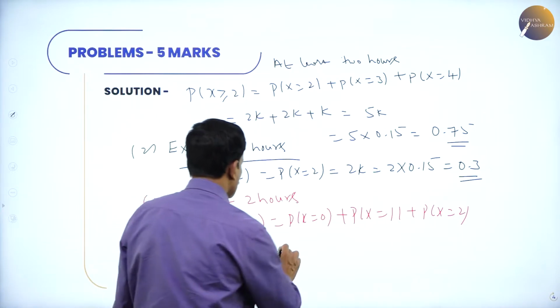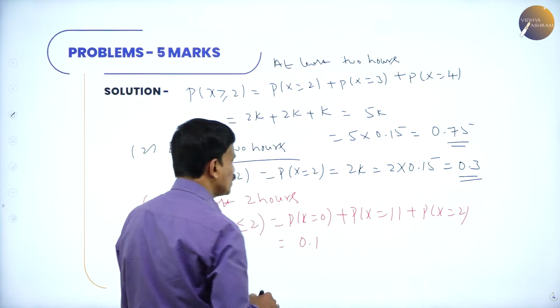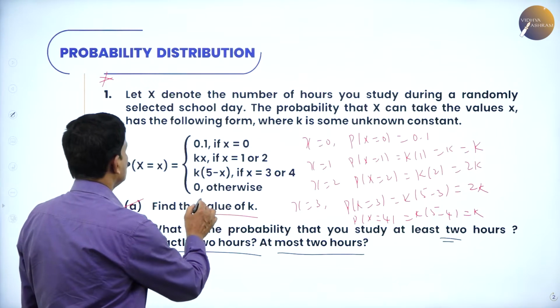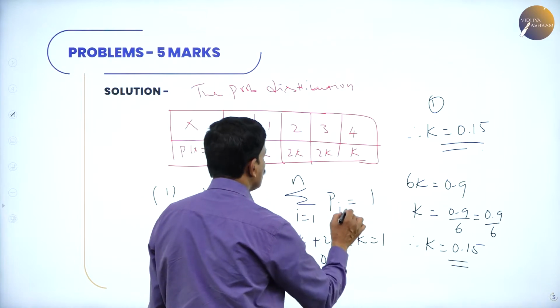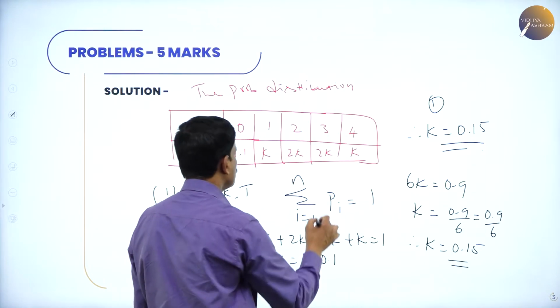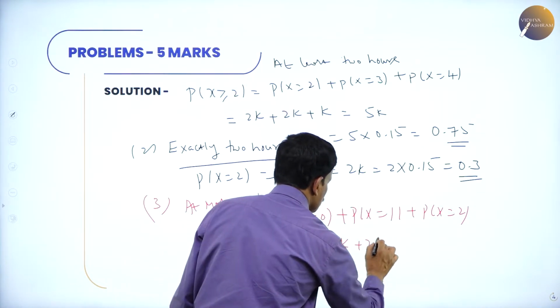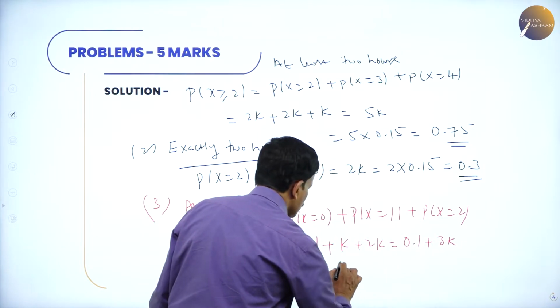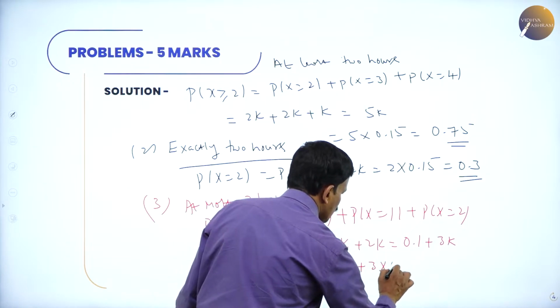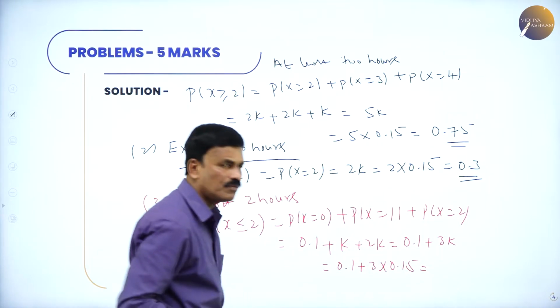So, when x is equal to 0, this is nothing but 0.1, that is given from the problem. When x is equal to 1, it is k, and when x is equal to 2, it is 2k. This is 0.1 plus 3 times k, that is 0.1 plus 3 into 0.15.